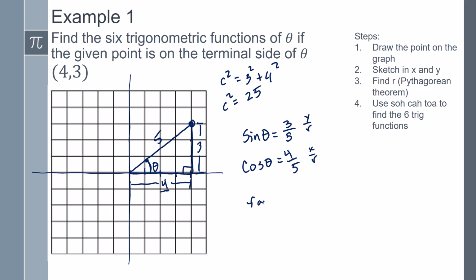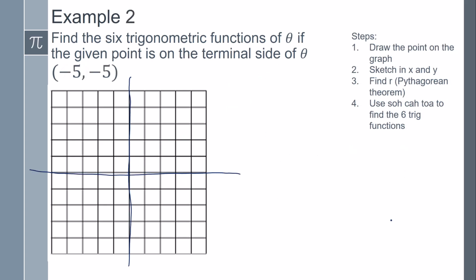The tangent of theta equals opposite over adjacent, or y over x. And then the reciprocals. Cosecant, secant, cotangent: all I have to do is flip each one. There's our answer.